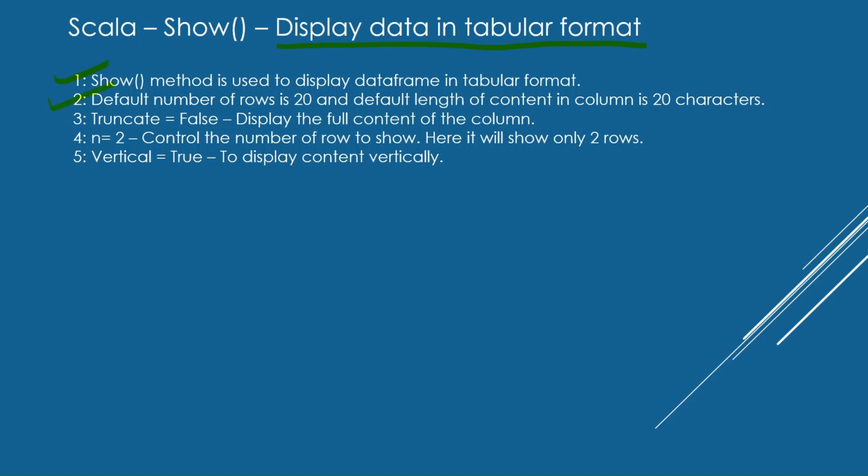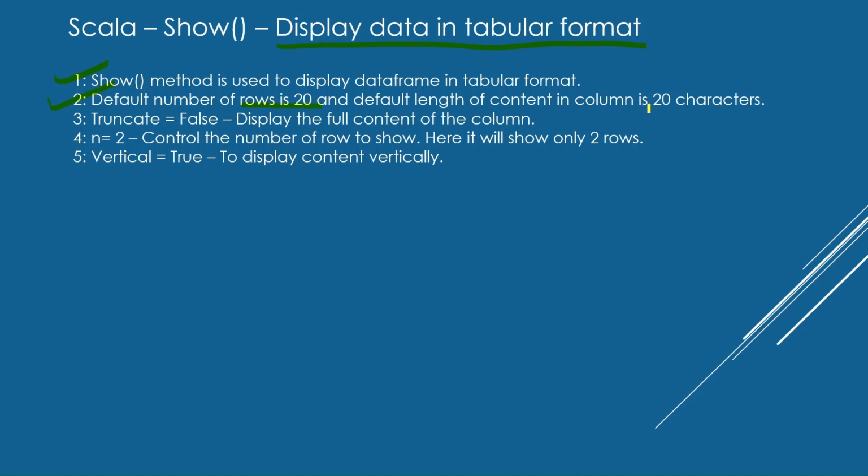The default number of rows is 20 and the default length of content in a column is 20 characters. So suppose we are displaying a data frame which has 100 records. If we display the content of that data frame with the help of the show method, only 20 records will be visible by default.